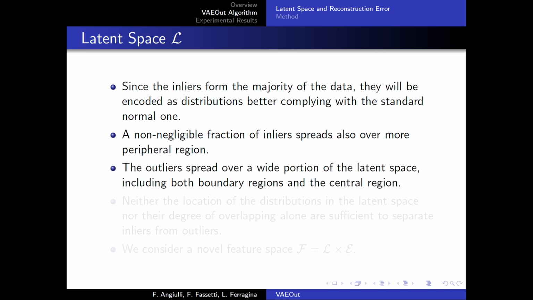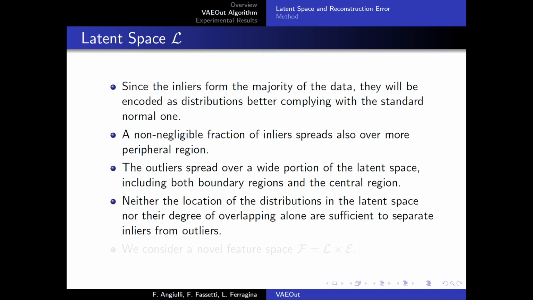The outliers spread over a wide portion of the latent space, including both boundary regions and the central region. The position of an outlier will depend on its similarities to the normal class. Because of these reasons, neither the location of the distribution in the latent space nor the degree of overlapping alone are sufficient to separate inliers from outliers.